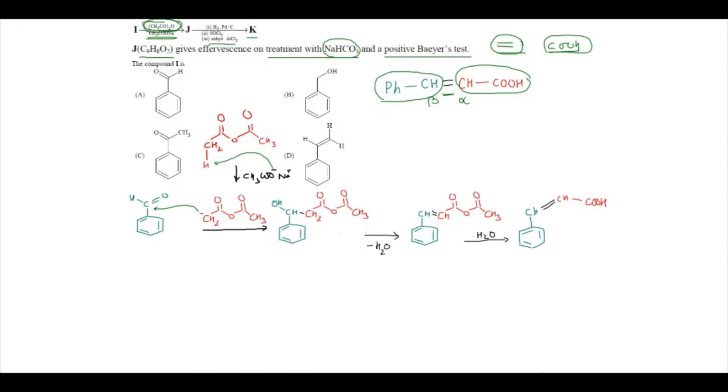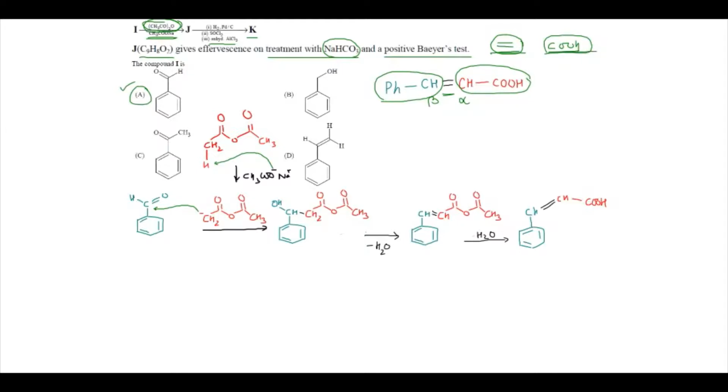Among these four options, we can see that only option A is a carboxaldehyde. Others are either alcohol or alkene or ketone. As this is a Perkin reaction, we got the indication from the reagents, acetic anhydride and sodium acetate, as well as from the product which has a double bond and a carboxylic acid group.